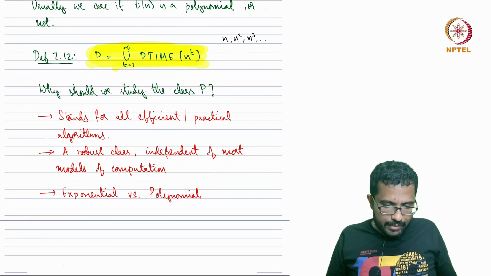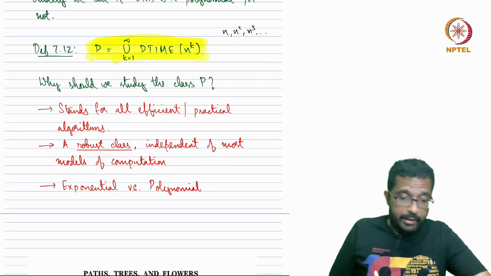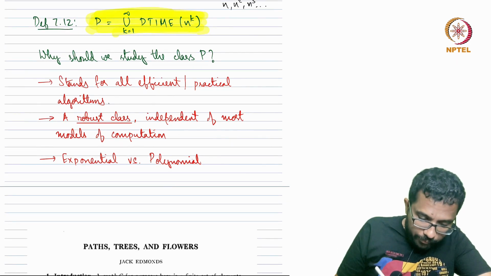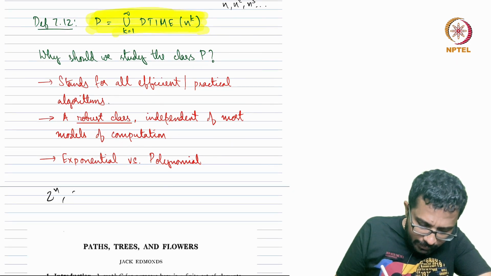And finally, I want to stress the difference between exponential and polynomial, right? Terms like 2 power n, 3 power n, etc., these are exponential.